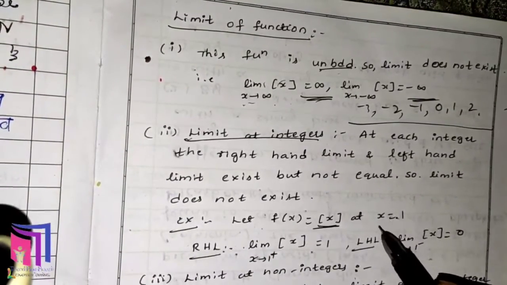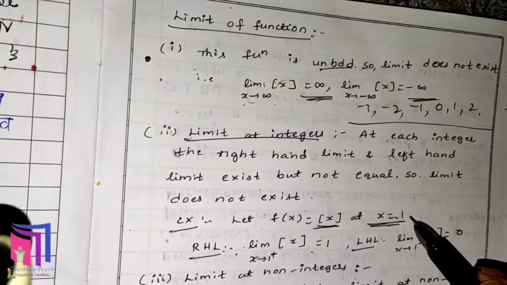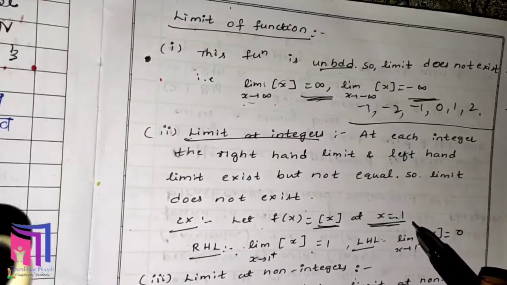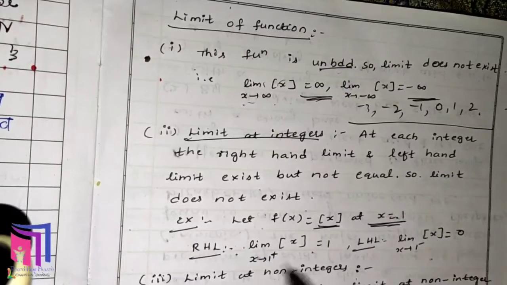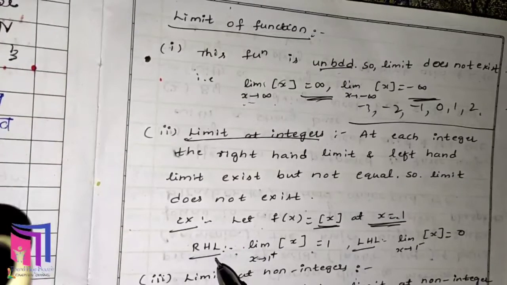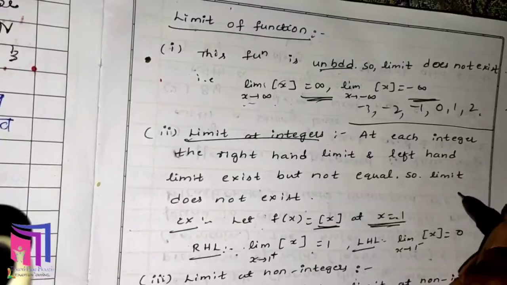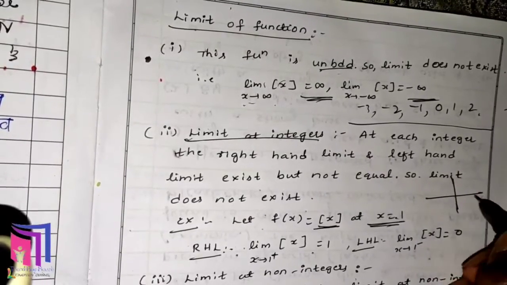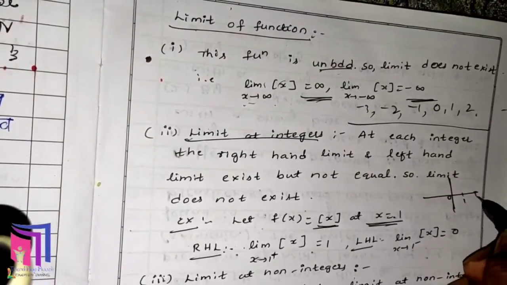Let's suppose we take the function greatest integer of x. We check at x equal to 1. 1 is an integer point. At x equal to 1 we take the right hand limit. The graph goes 0, 1, 2.